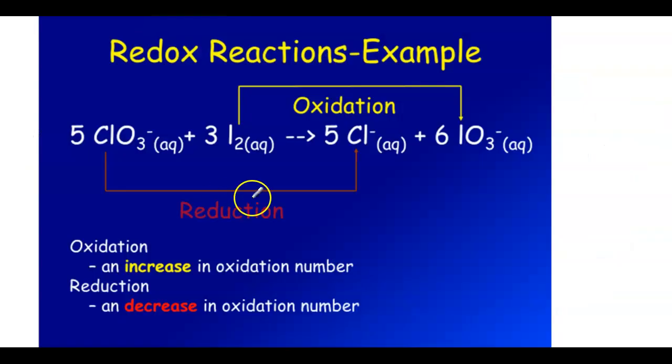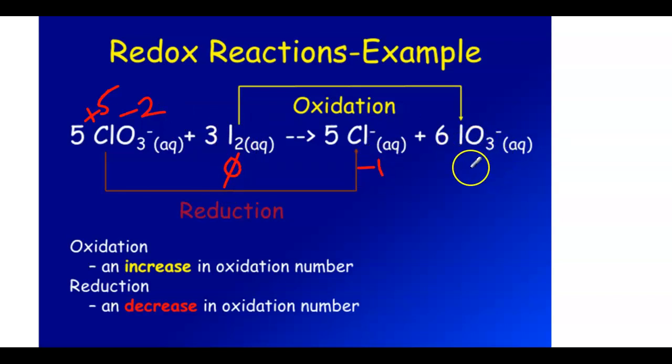So here's another example. If we were to assign oxidation numbers, I know it's a little bit dark here, but hopefully you can see this with the bright red. Let's say oxygen is -2, so chlorine here would have to be +5. It all has to add up to -1. I2 is 0, chlorine is -1.